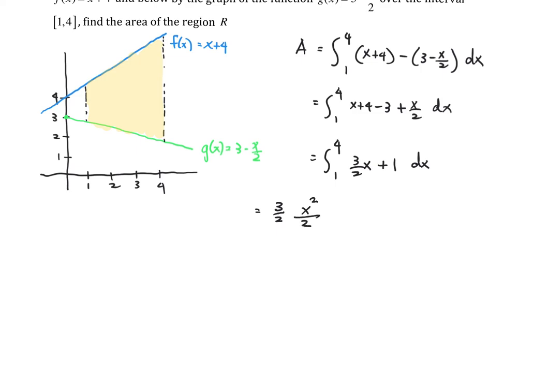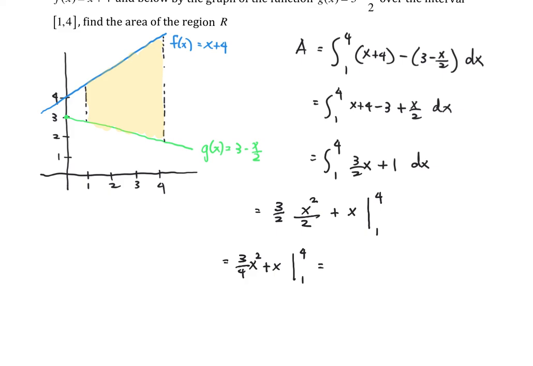For the second term, the antiderivative of 1 is just x. And because this is a definite integral, I'm going to put a vertical line and go from 1 to 4. Let me simplify this a little bit. This gives me 3 over 4 x squared plus x evaluated from 1 to 4.